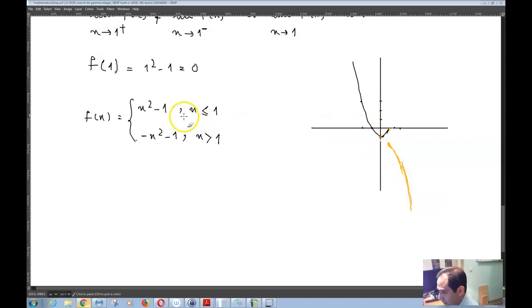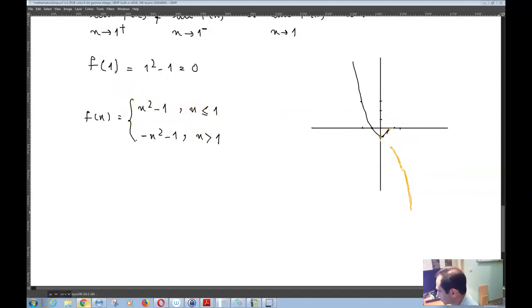And at x is equal to 1, it's important to show that the function at x is equal to 1 is defined using this clause over here, which is this part over here.